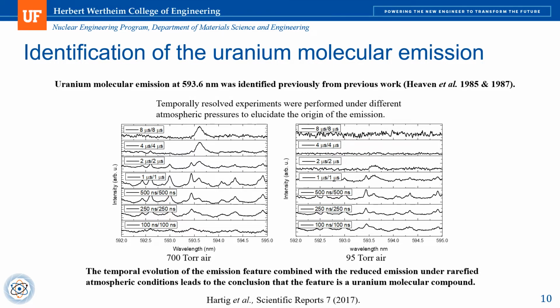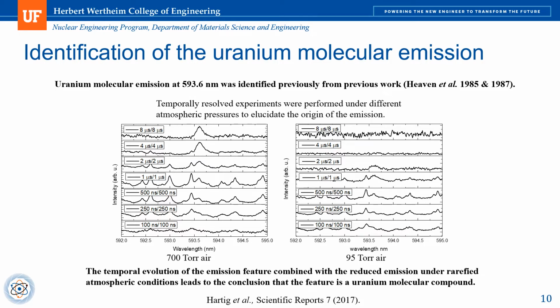We performed a lot of measurements with uranium under different atmospheric conditions, inert and rarefied. I'm showing just the ambient versus rarefied cases here, in a kind of temporal waterfall with different gate delays and times, generally going to later times as you go up in these plots, to show the impact of the amount of air present in the sample chamber on the spectra, where we can clearly see that at later times a molecular transition is observed around the region in which Heaven and others reported in the late 80s a uranium monoxide emission line to be present.